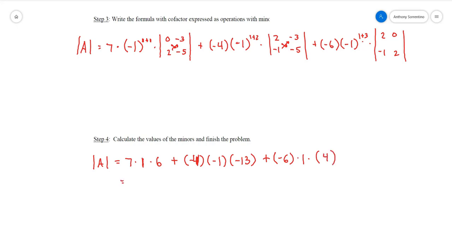So simplifying even further, I'm going to have 42 minus 52 minus 24, and that's going to equal negative 34. So the determinant of A equals negative 34.